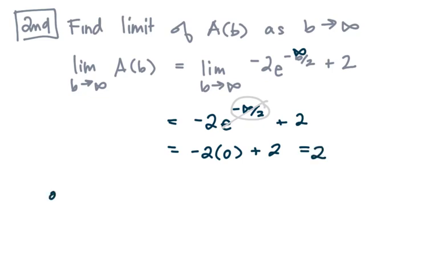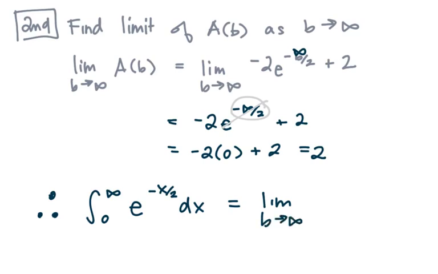So what we can say, therefore, and I'm going to define the rule in a minute, is that the integral from 0 to infinity of e to the negative x over 2 dx is equal to the limit as b goes to infinity of the integral from 0 to b of e to the negative x over 2 dx.